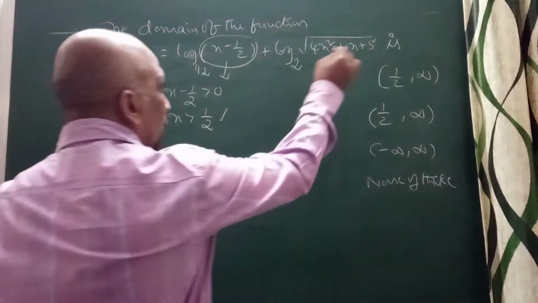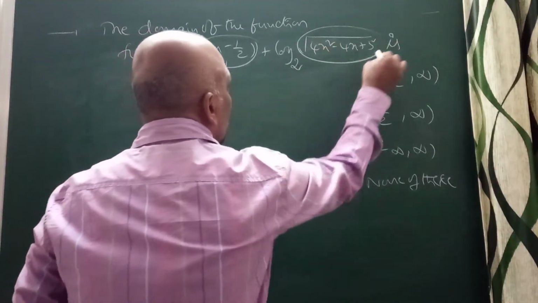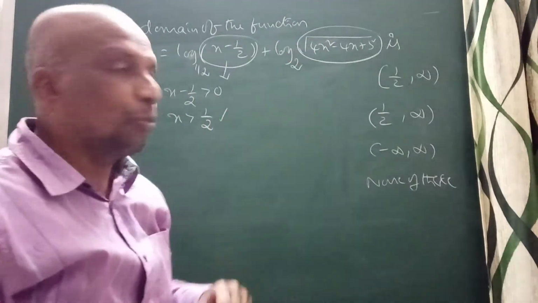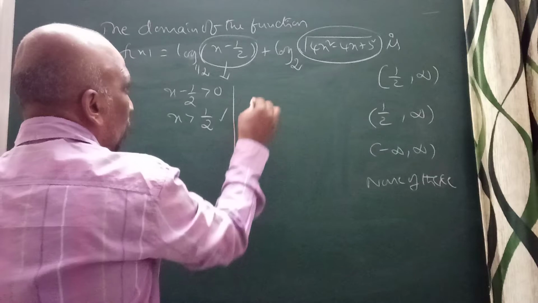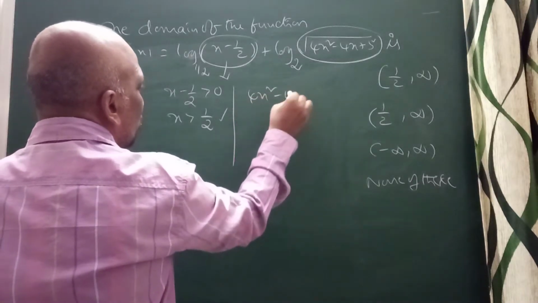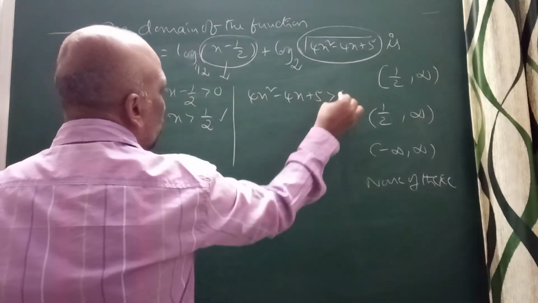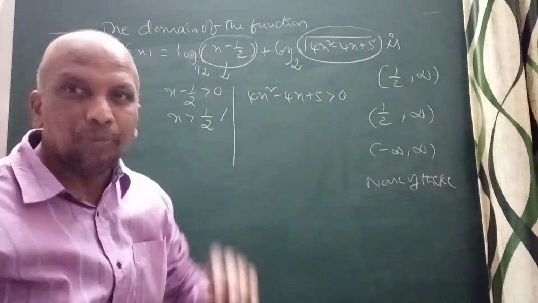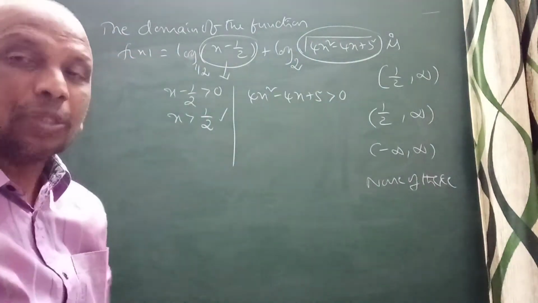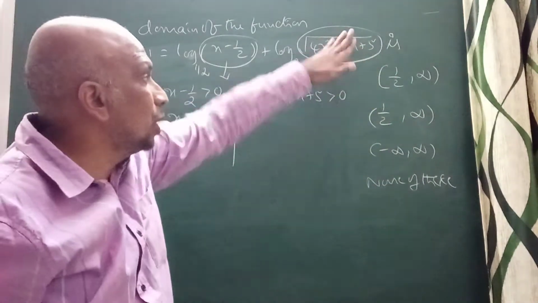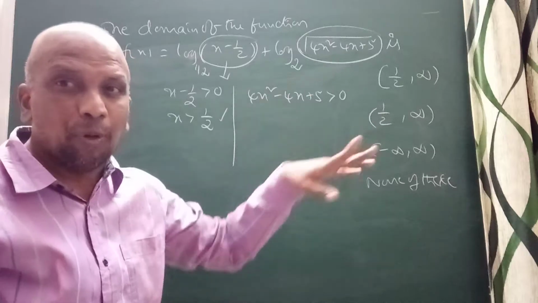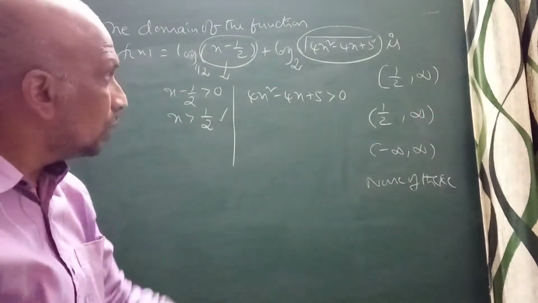Now here, again this should be positive. Clearly we know the root is the positive square root. The inside should be positive, which means 4x square minus 4x plus 5 should be greater than 0. It never will be equal to 0, only positive, because log 0 isn't defined.